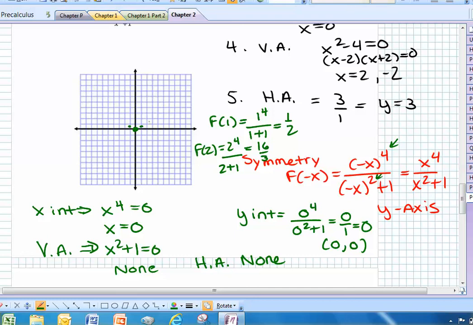So that'd be 5 1/3. So 1, 2, 3, 4, 5 1/3, and it'd also be the same on the other side. So notice, because it's an even function, it's just going to be a parabola like that, and there are no horizontal or vertical asymptotes.